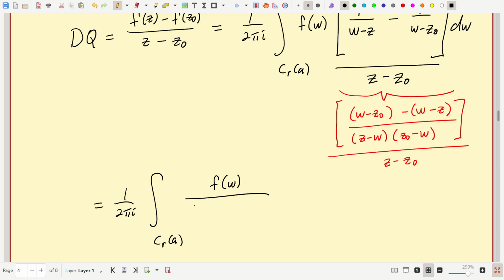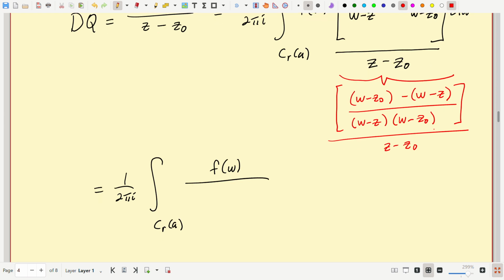And we're left with, I got to fix the bottom here too, it's w minus z times w minus z naught. Now it's fixed. So the z minus z naughts cancel, and I'm left with a nice clean w minus z times w minus z naught dw. So you stare at that for a second, and guess what happens as z tends to z naught?